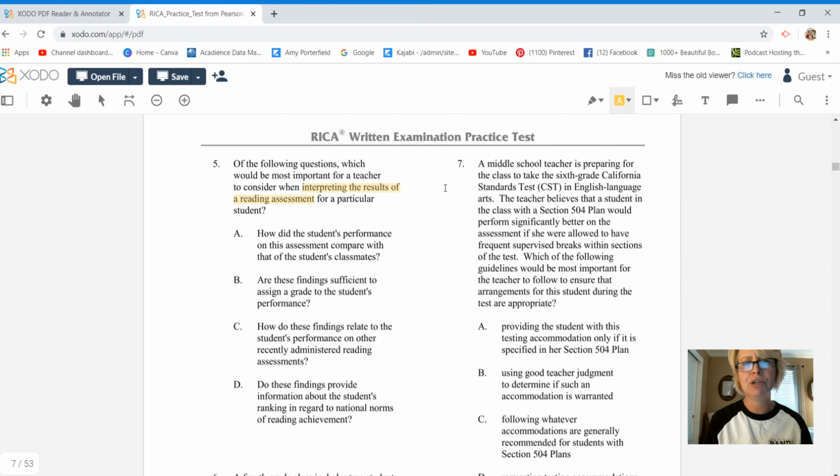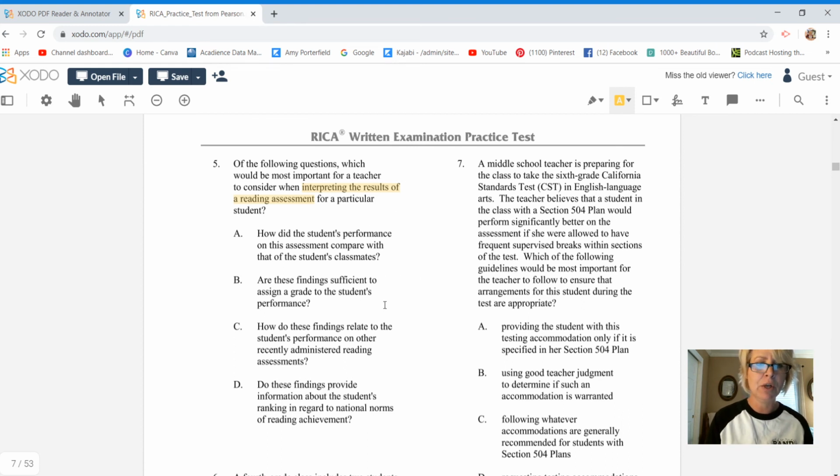We don't know if it's a unit test, but because we're using the word assessment as a reading assessment, then I'm thinking it's measuring reading skills. So A, how did the student's performance on this assessment compare with that of the student's classmates? And as teachers we do ask those questions, so that's a possibility.